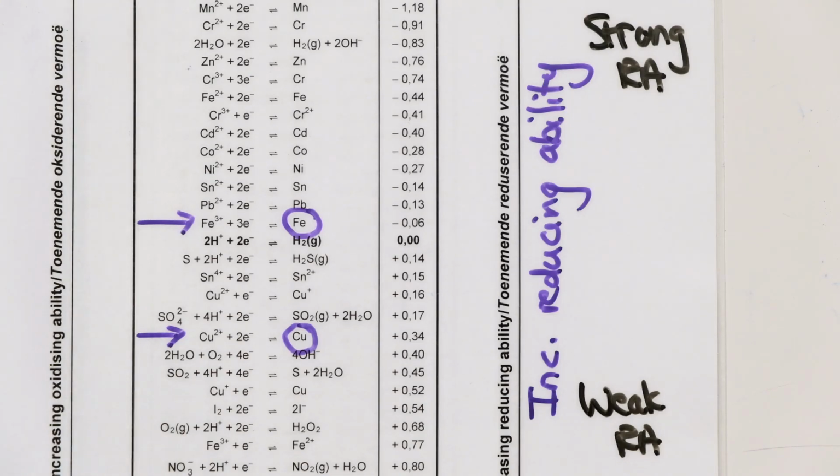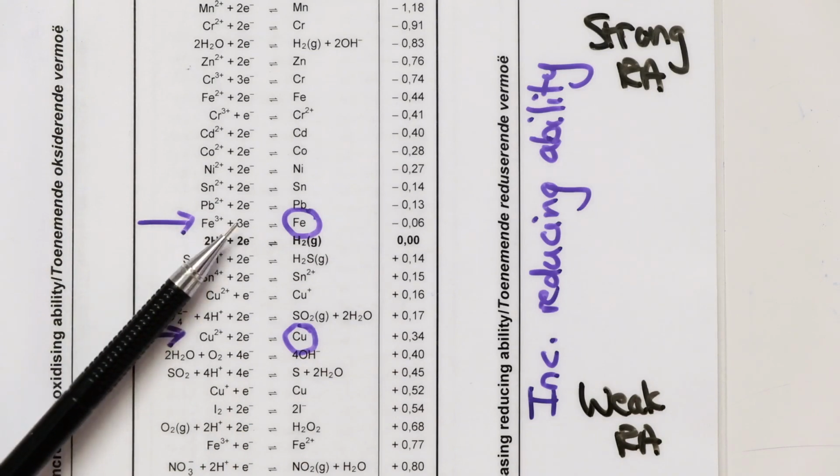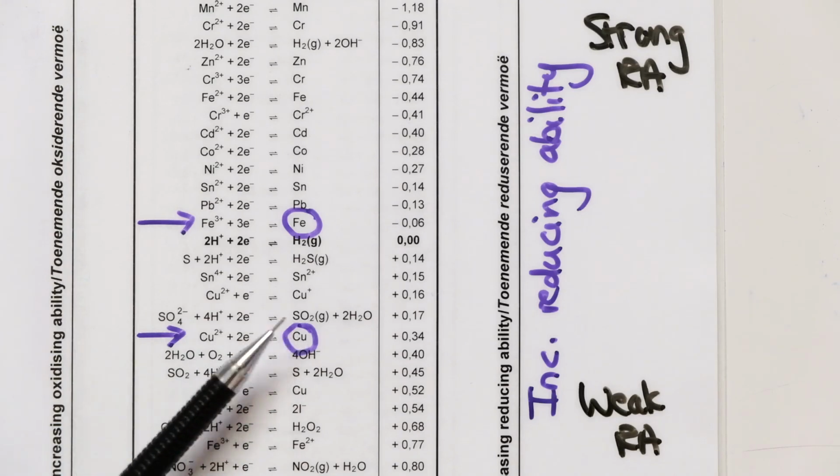So the first thing you must do is find these two half reactions on the table. I have marked them with a purple pen. So here's your Fe3 plus taking up 3 electrons forming iron, and here's the copper 2 plus taking up 2 electrons forming copper metal. Now remember, both of these reactions are reversible.